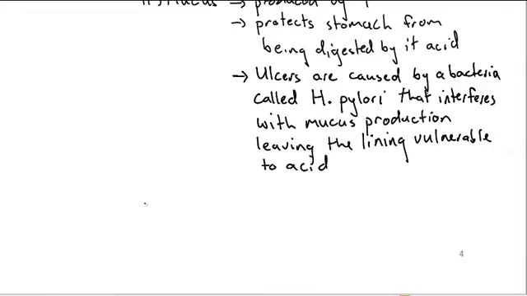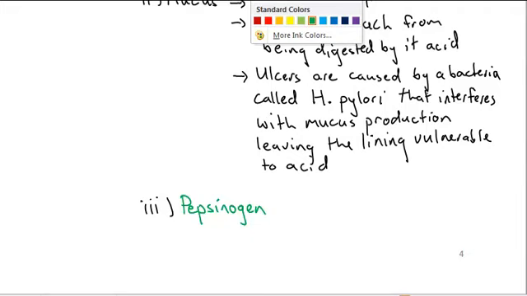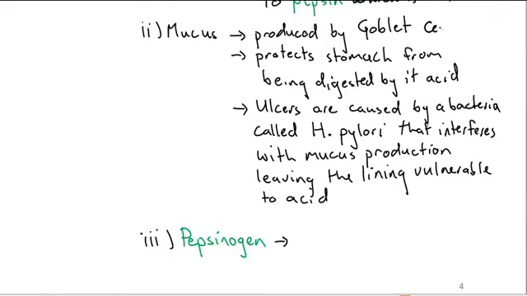And finally, the third main ingredient of gastric juice is the inactive enzyme pepsinogen, which will become active pepsin. And pepsinogen is produced by chief cells.